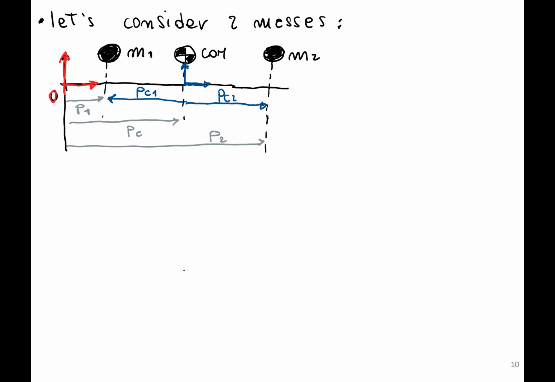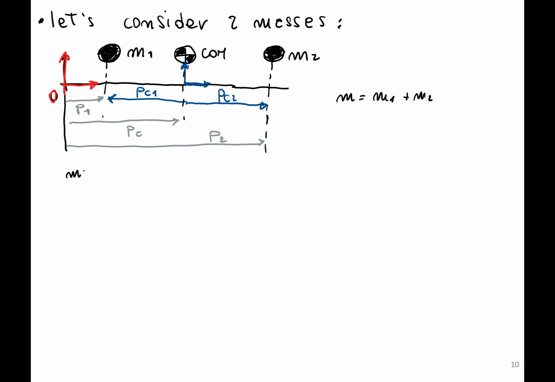Now let's consider, for example, the case of two masses and define their positions with respect to frame 0, in red on the left. The total mass of the system is m1 plus m2, and we want to compute the center of mass in this simple case.